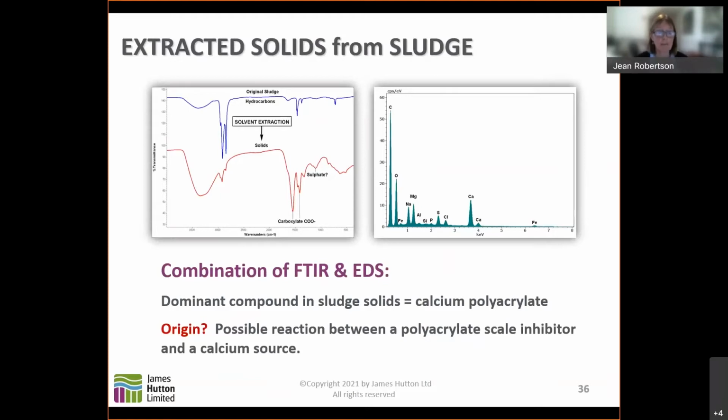And sometimes we can have an idea from the customer as to what's in the system. So if there's a polyacrylate scale inhibitor present, then it could be that there's a reaction with a calcium source, which is causing this intractable sludge to form.